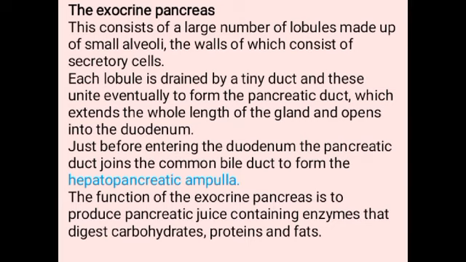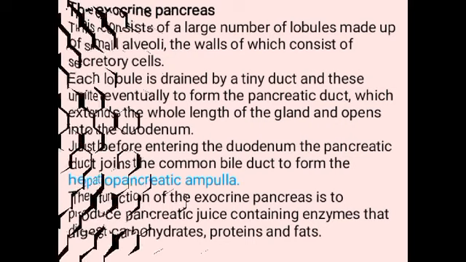The function of the exocrine pancreas is to produce pancreatic juice into the duodenum, which contains the enzymes that are essential in the digestion of carbohydrates, proteins, and fats. So in the digestive system, it has the function of an exocrine gland, where it secretes pancreatic juice through the pancreatic duct.